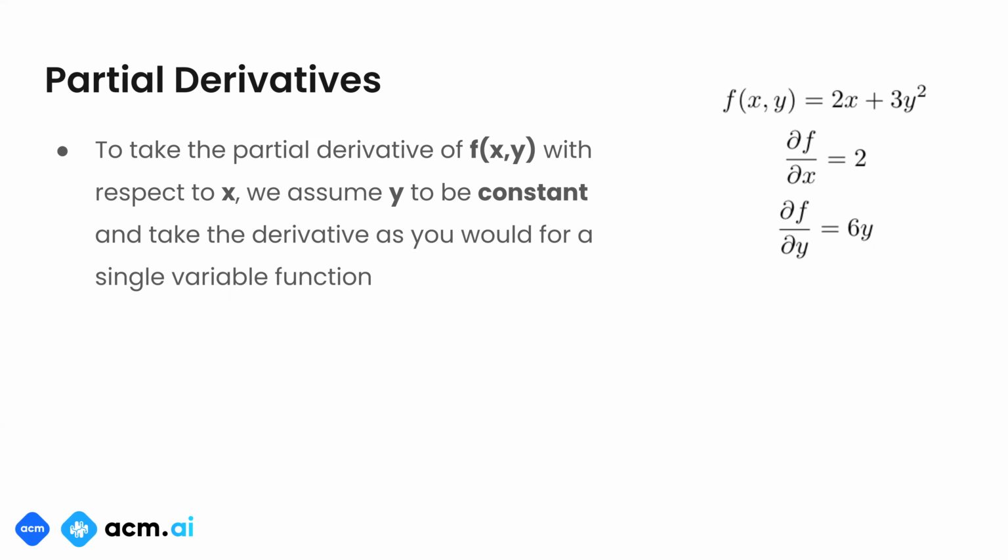What do we do with constants? We ignore them. It might as well be the number 2 for all we care. x, on the other hand, is our variable. The derivative of x cubed is 3x squared. The derivative of 5x is 5.